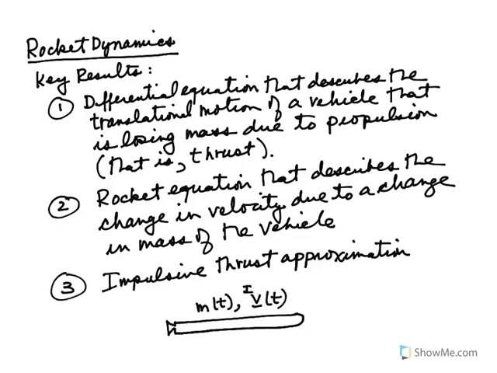The rocket is moving to the right with this velocity vi of t. But in order to get the differential equation, we have to analyze the change in momentum of the rocket.